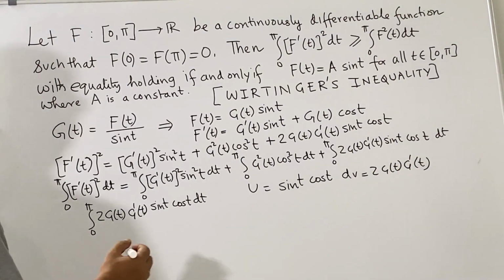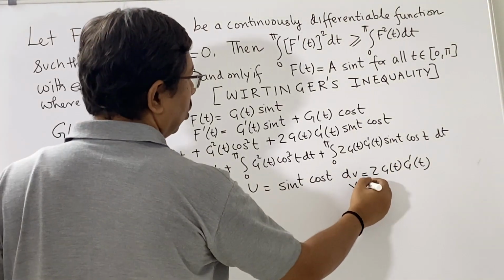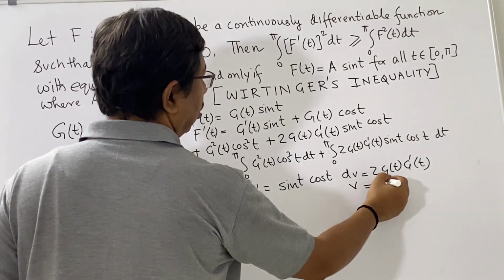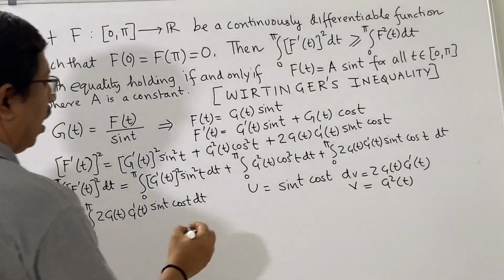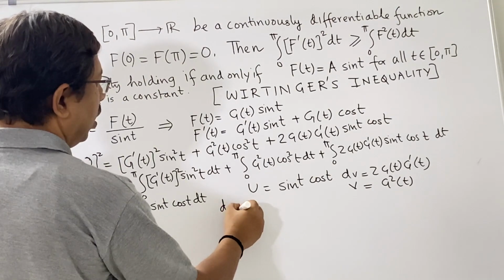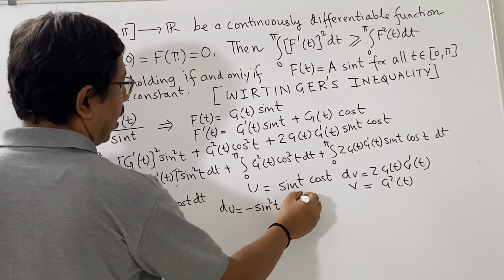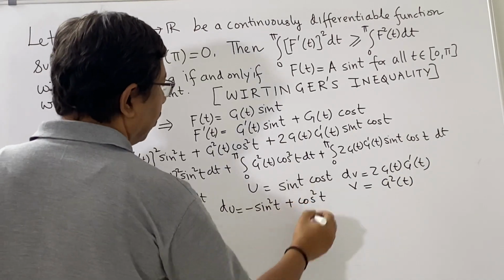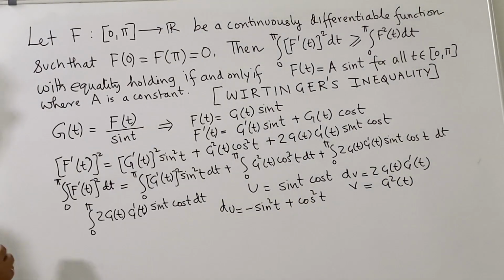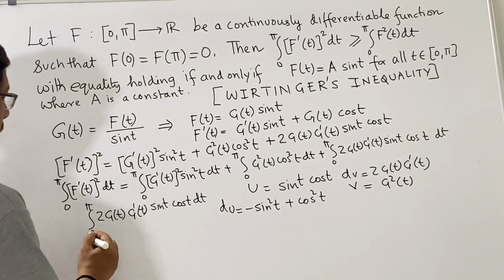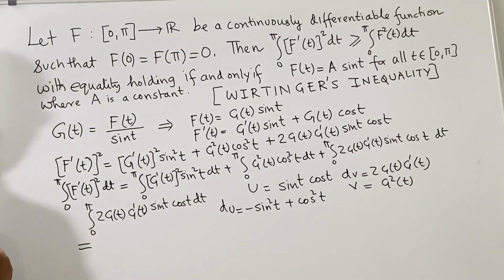Then your v would be g squared t and du would be minus sin squared t plus cos squared t. Now these are all easy to check.